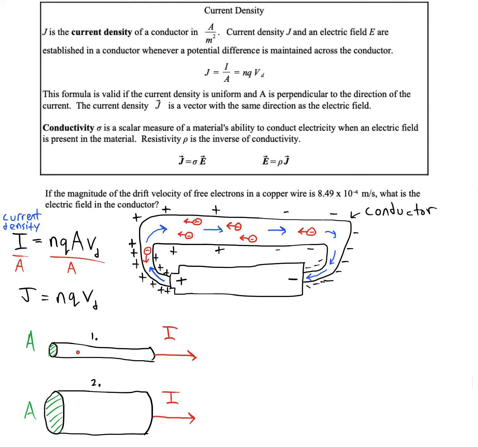Well, if we need to get a certain number of coulombs per second out of this wire, let's say we need to move 4 coulombs per second through this region, which of them has the higher J, the higher current density? Because of how narrow this piece of wire is, it has the higher current density. And number 2 has the lower current density.